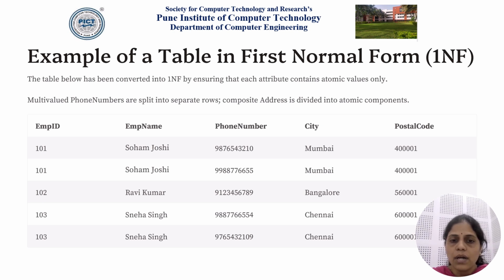The address was a composite attribute, so I created the city as one column and the postal code as a second column. In this way I can easily convert the table into first normal form, which does not have multi-valued attributes and composite attributes.